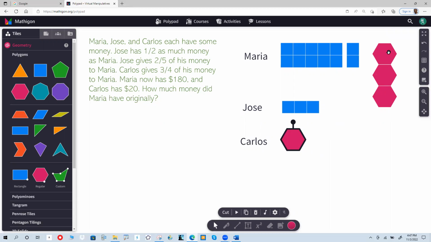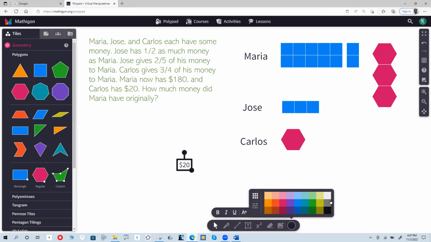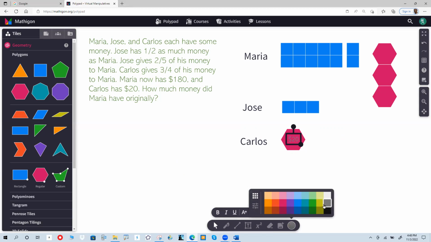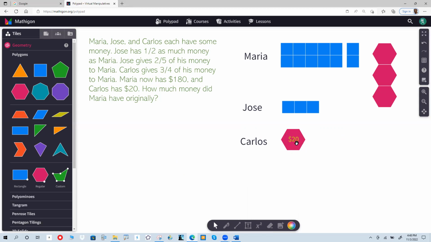Therefore, 3 hexagons must be worth $60. This is 20. Let's choose a nicer color like yellow.